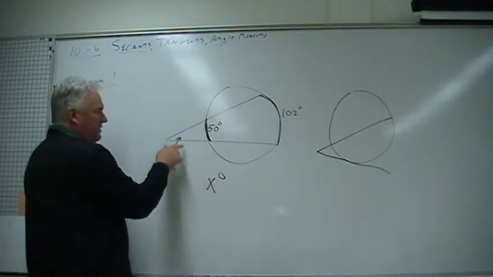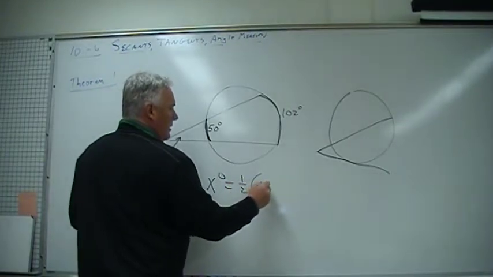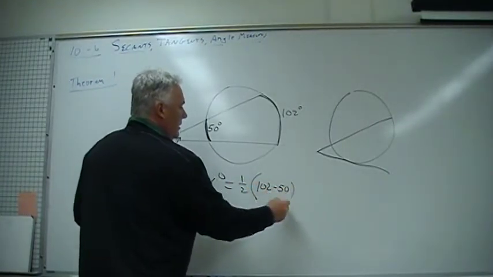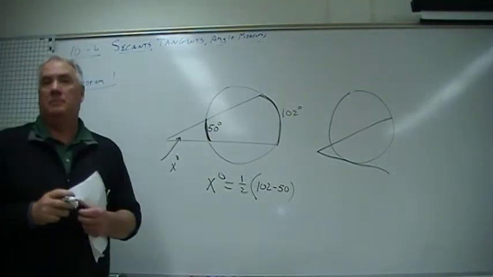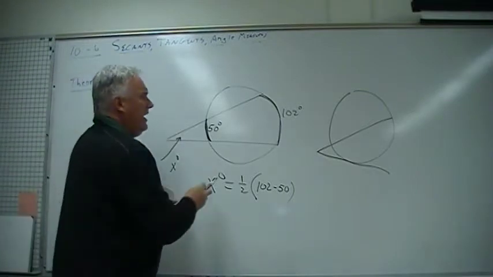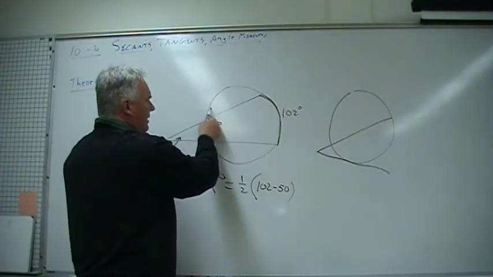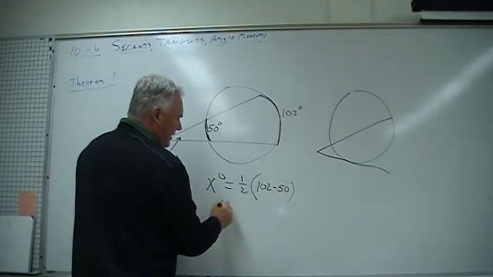the measure of this angle is 1/2 this minus this. So take this measurement for this arc, subtract this arc measurement, 102 minus 50.